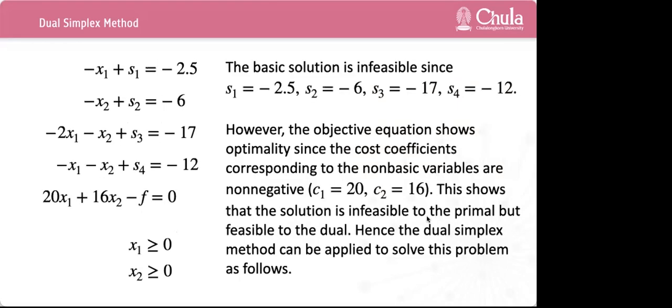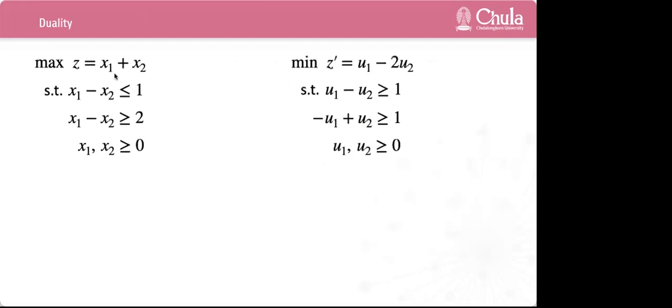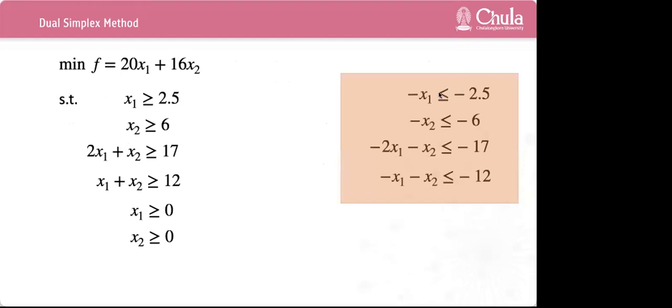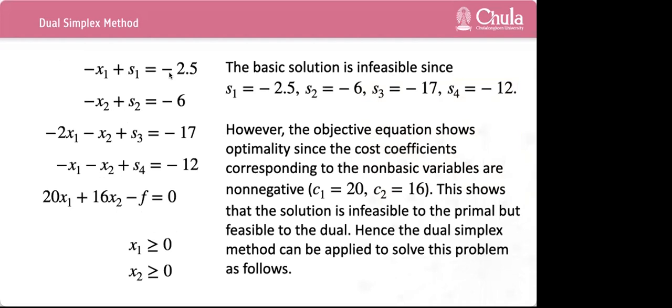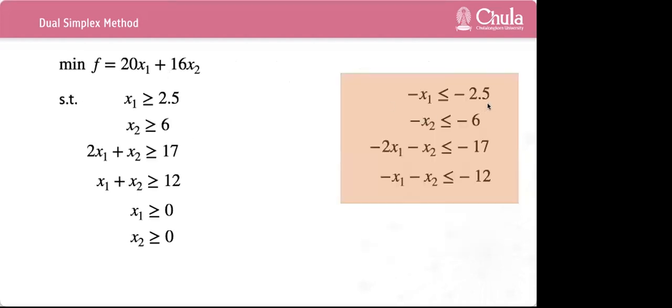Okay, so again, because we have a lesser or equal here, we add the slack variable s1 to the first constraint, and for the second constraint we add s2, right? And the third constraint we add s3.